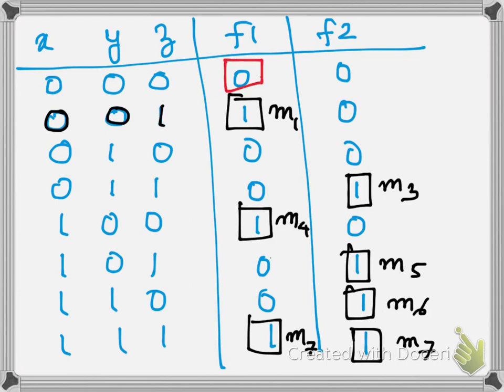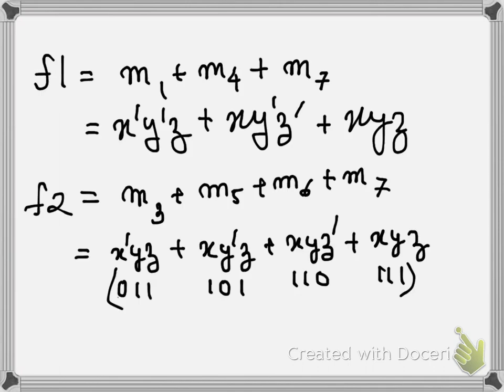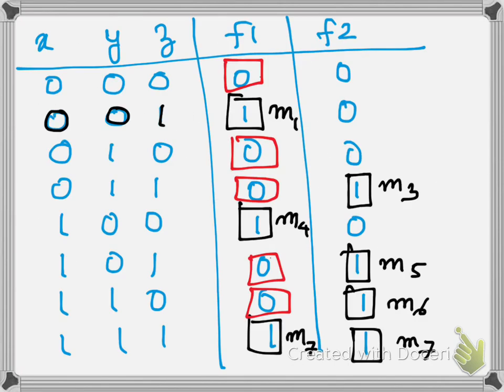So we take this, this, this, this and this. We get f1 dash is equal to the values where it has a 0, that is m0, m2, m3, m5 and m6.